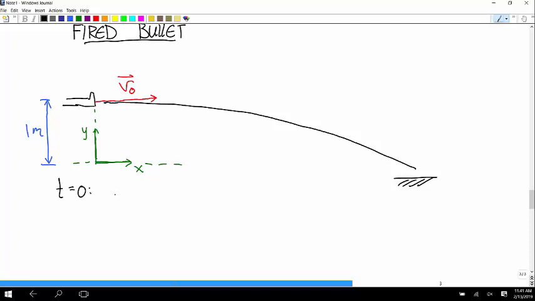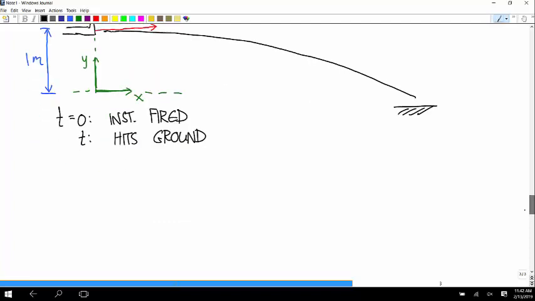Let's make that the instant that it's fired. And our time t, let's make that the instant right before it hits the ground. And let's list out these variables and see what we know.